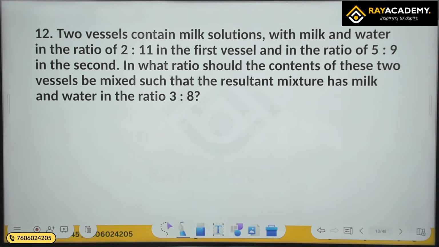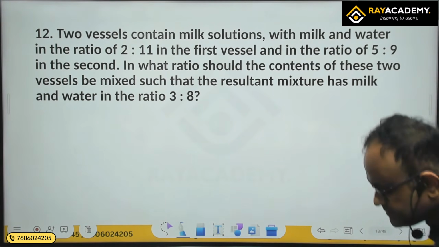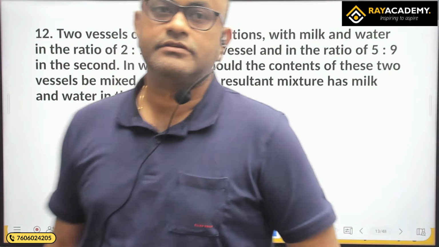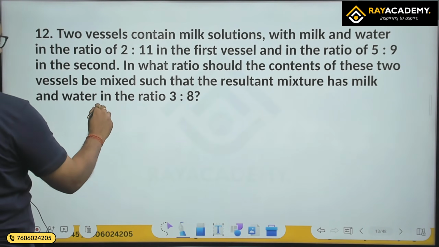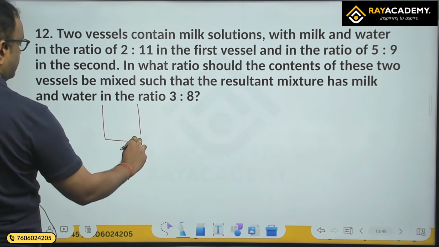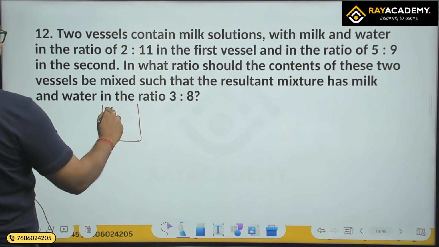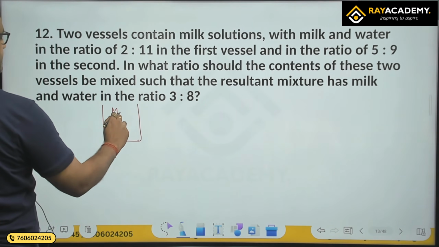This thing also we can do either by ratio proportion or by using the concept of alligation mixture. Let us do this by alligation mixture. First, let me plot what is given in this. There are two vessels and the milk and water ratio they have given.